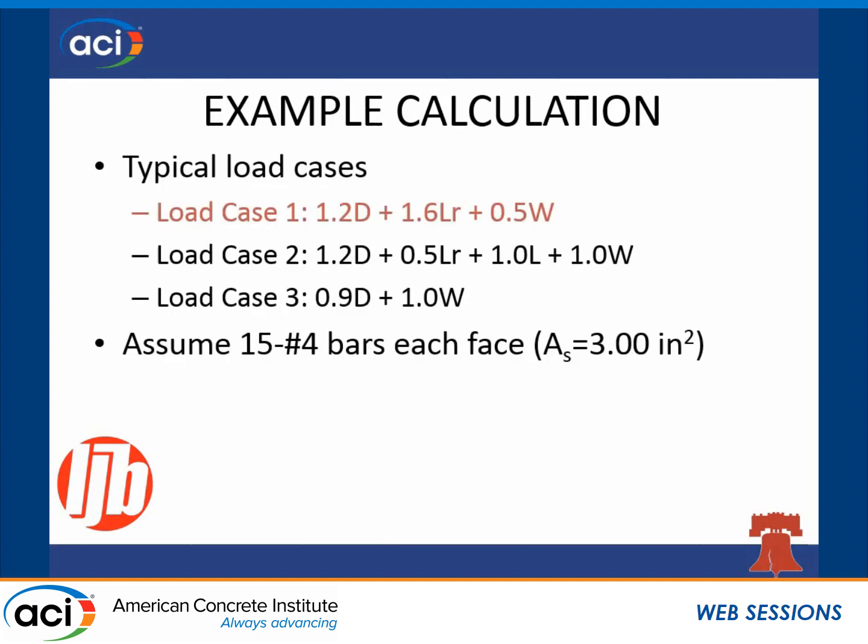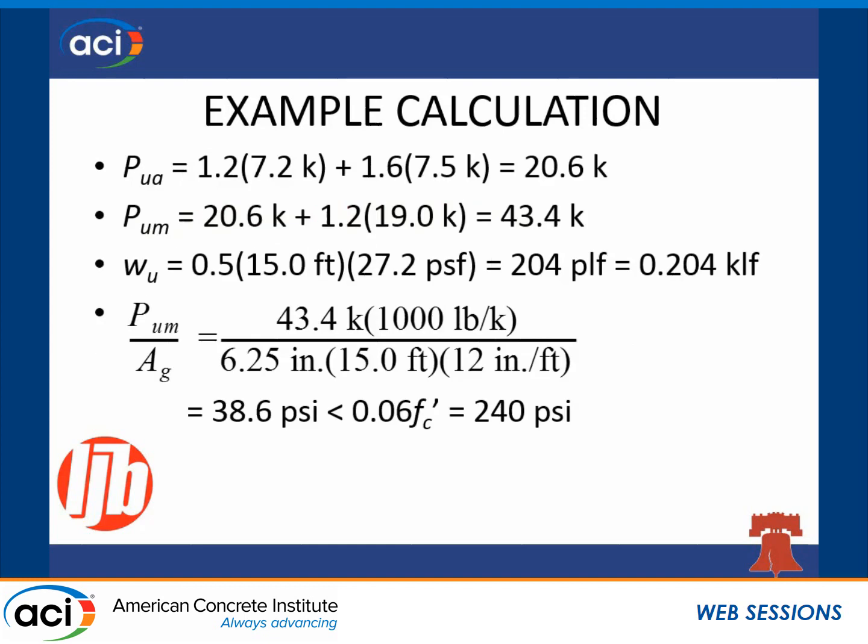We'll look, typically as an engineer, at these 3 main load cases to compare our reinforcement. I'm only going to go through the first one that's highlighted, and you'll see what the results are. But we're going to assume to start out with 15 number 4 bars in each face. So we've got 2 layers of steel as illustrated, so 3 square inches of reinforcement.